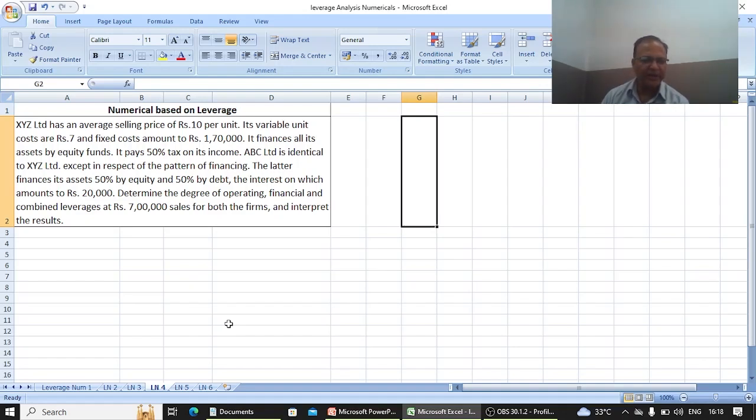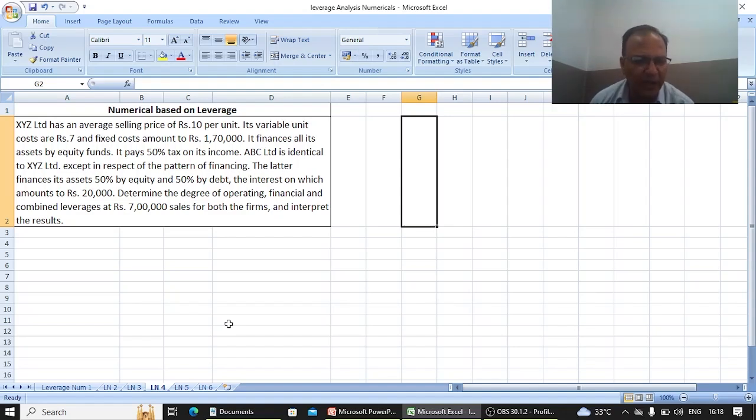ABC Limited is identical to XYZ Limited except in respect of pattern of financing. The latter finances its assets 50% by equity and 50% by debt, the interest on which amounts to rupees 20,000.